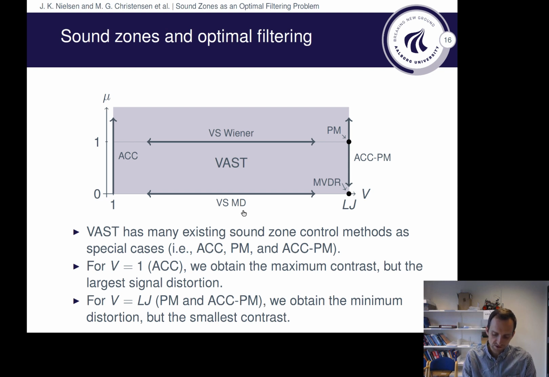The two most well-known methods in designing sound zones are pressure matching and acoustic contrast control, and these are special cases of this framework. Another well-known method is the ACC-PM method, which we get by varying mu and using all eigenvectors in our generalized eigenvalue decomposition. We also get something that resembles a Wiener filter. So PM is actually the Wiener filter of sound zones.